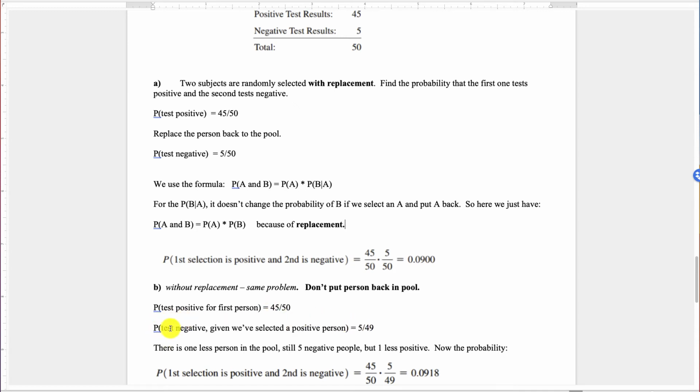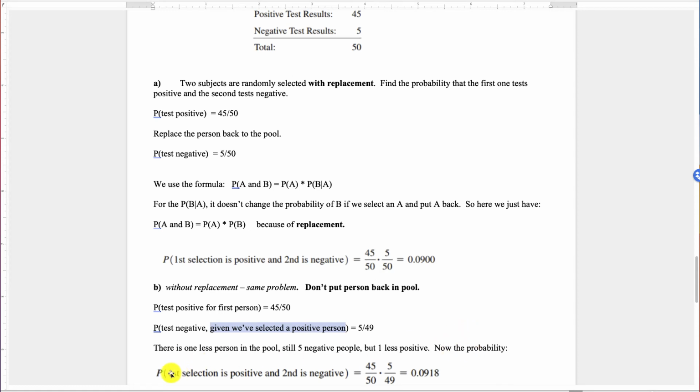So now when we take the probability of finding a negative test result, given we've selected a positive person and we didn't put them back, there's only 49 people left in the whole pool, right? Look, 44 plus 5 would be 49 up here. But still, there are 5 negative test results. So there's one less person in the pool.